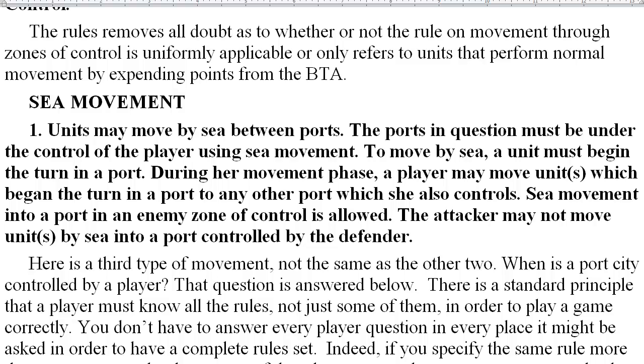The unit may then, having started a turn in a port, move to any other port that the player also controls. You can move into a port in an enemy zone of control, in which case you have to stop immediately and attack. But you cannot move a unit using sea movement into a port controlled by the defender.